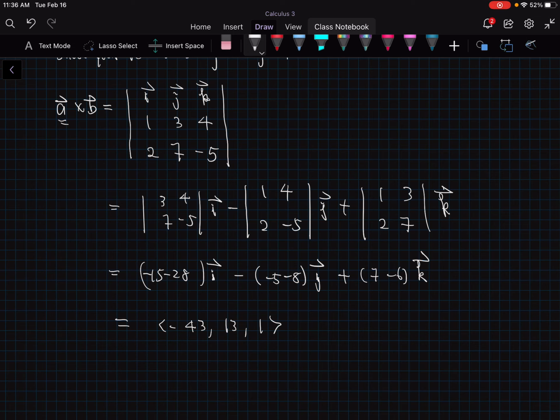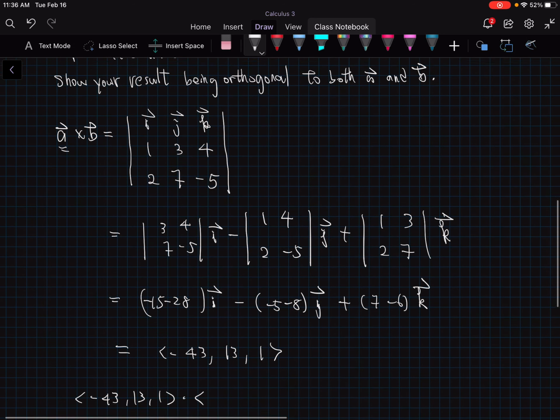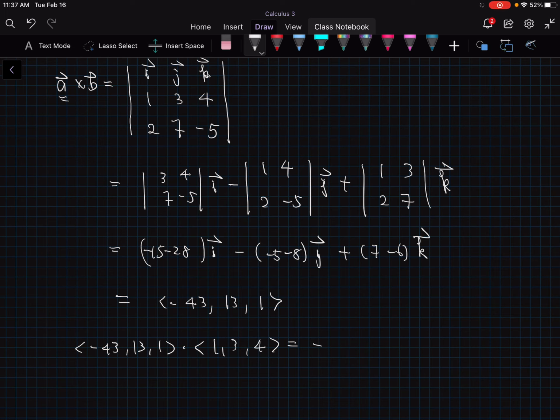Let's confirm our case. Let's check the dot product. If they're orthogonal, the dot product should be equal to 0. So the dot product with 1, 3, and 4 gives -43 plus 39 plus 4.